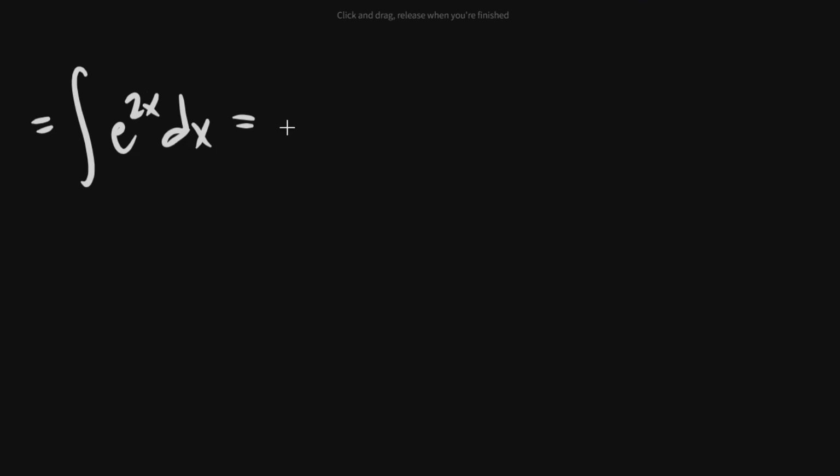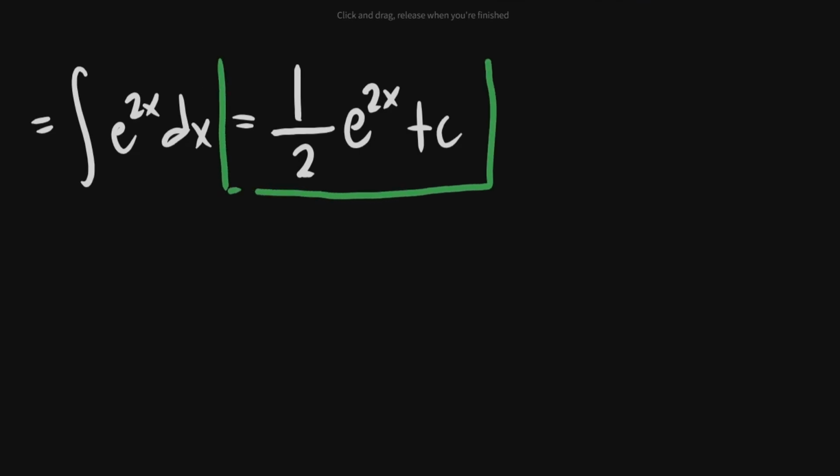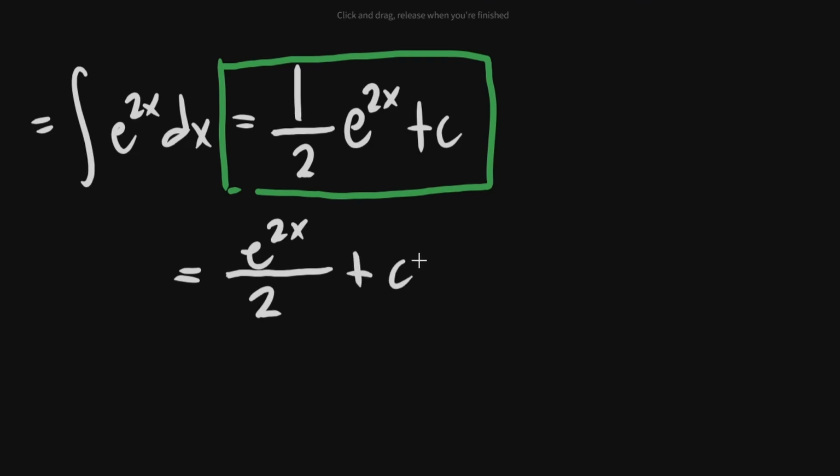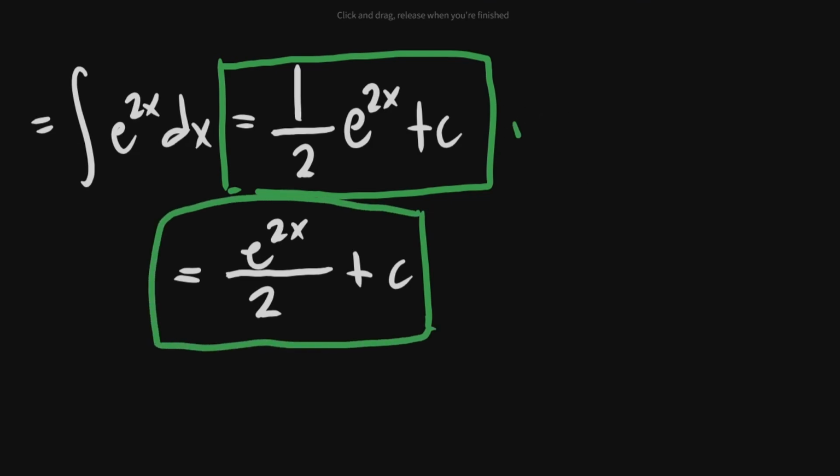So the formula is 1 over the constant, which is 2, then e raised to 2x, plus c. You could write this as your final answer, but you could always simplify this to e raised to 2x all over 2 plus c. Either way, any of these two would suffice.